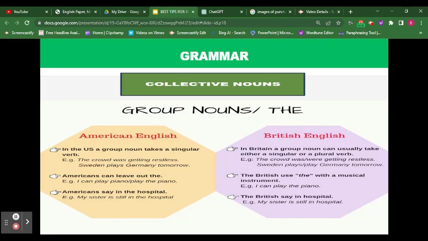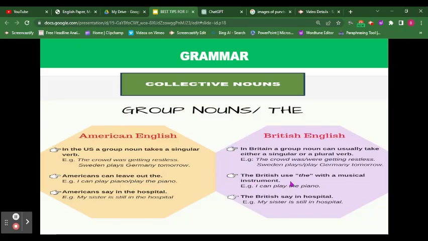For example, I can play the piano. So there is an option here. Americans can leave out the definite article, but sometimes in American English, you can also use it in this type of sentence. I can play piano or I can play the piano.